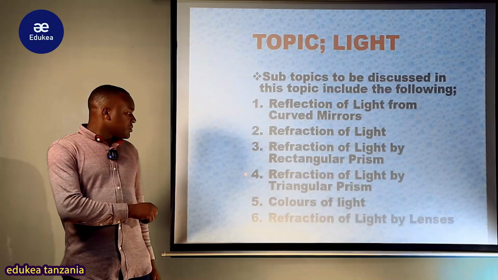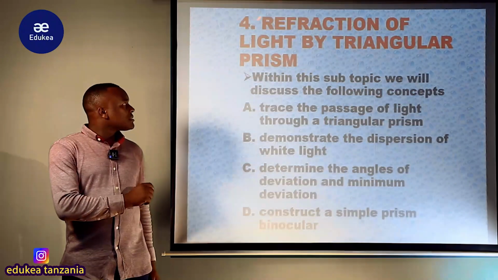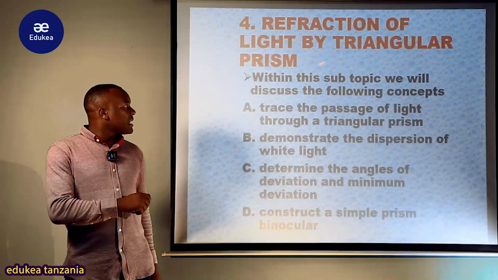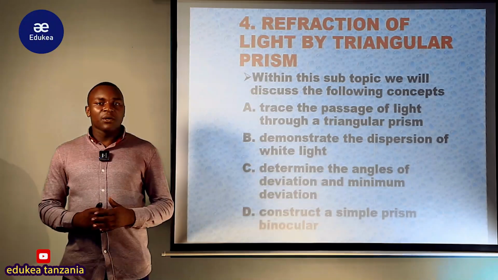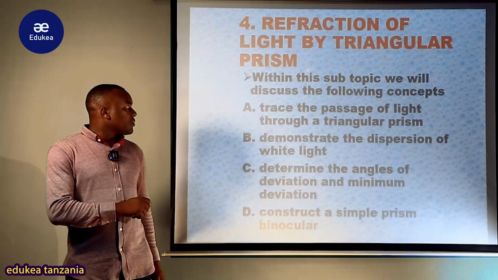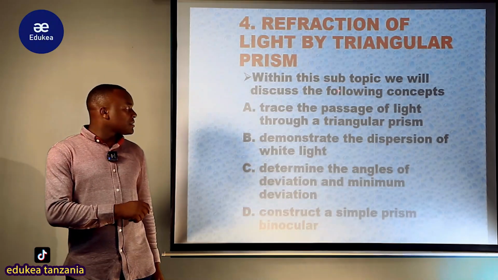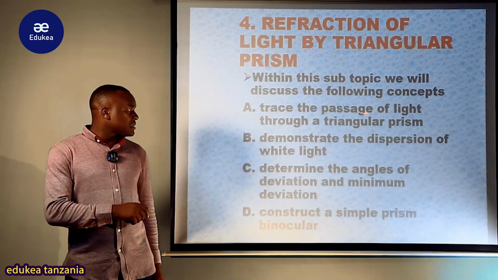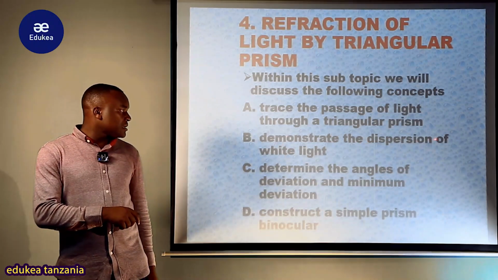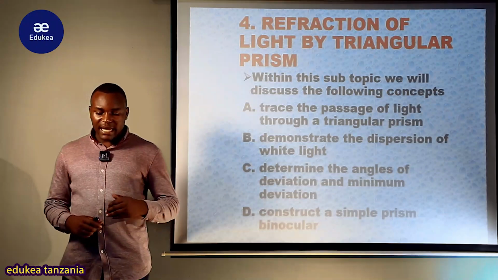So we proceed with our subtopic number 4, which is refraction of light by triangular prism. Kwamba refraction of light by triangular prism, we say that within this subtopic we will discuss the following concept: trace the passage of light through a triangular prism, but also to demonstrate the dispersion of white light.